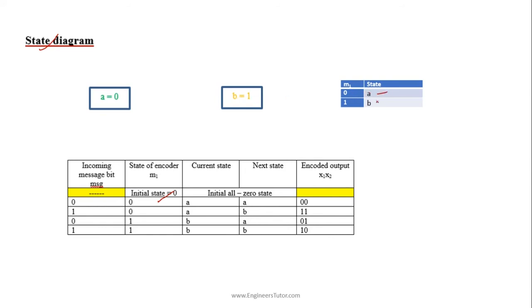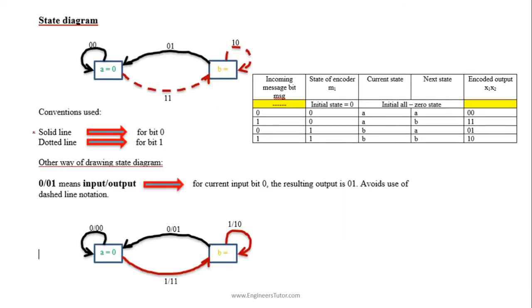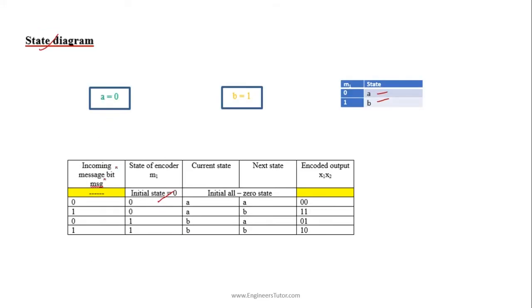This is the state of the encoder. Also remember, a solid line represents bit 0. If the incoming bit is 0, we use a solid line. If the incoming bit is 1, we use a dotted line. These are the conventions we use to draw the state diagram, trellis diagram, or tree diagram.